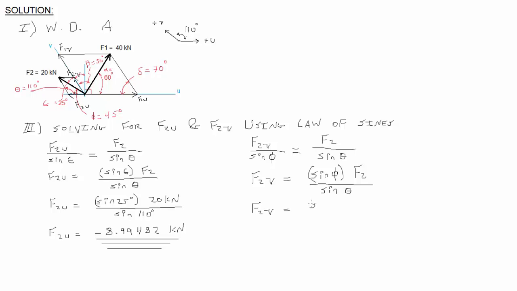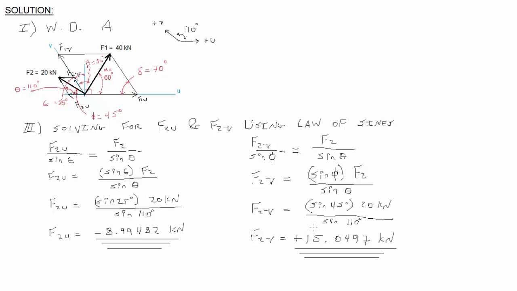Phi was 45 degrees, F2 is 20 kilonewtons, and theta is 110 degrees. So that means F2v equals 15.0497 kilonewtons, and it's going up, so that means it's positive. It's going up and towards the left.